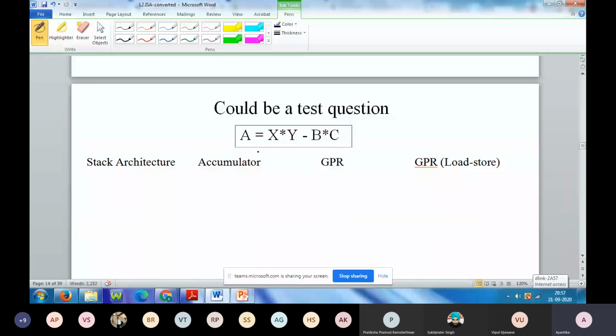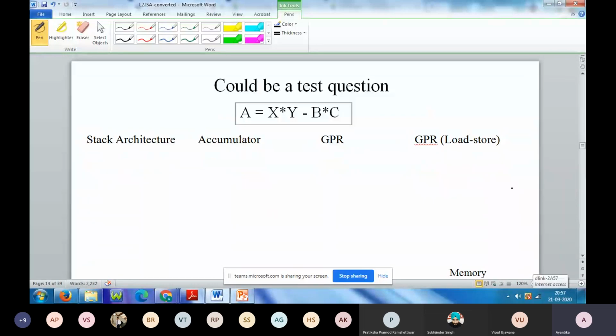Your code gets compiled to some binary form, and then you are storing it and executing it with the help of some accumulator or general purpose register along with some load store. This means some part is in the memory and some part is in the register.